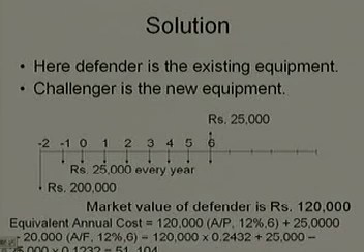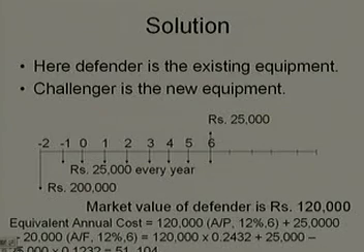So, salvage value is 20,000, I multiply it with A given F at an interest rate of 12% for a period 6. So, factor values are also given. A given P at 12% for a period 6 is 0.2432 and A given F at 12% for a period 6 is 0.1232.